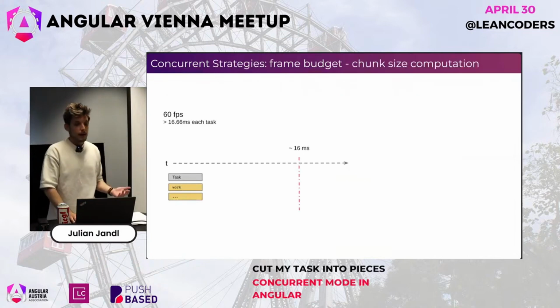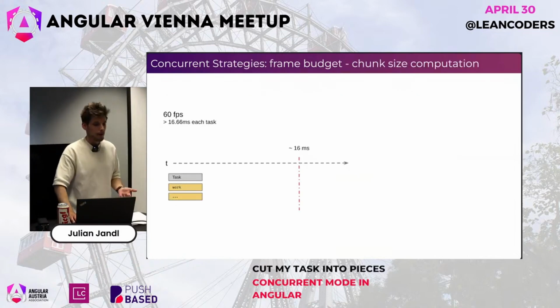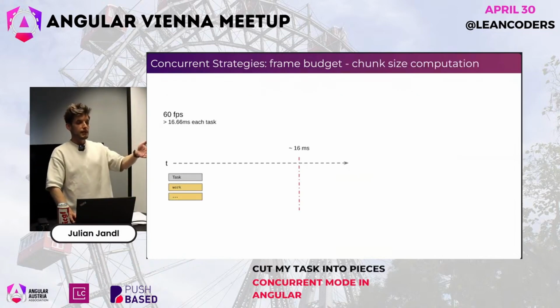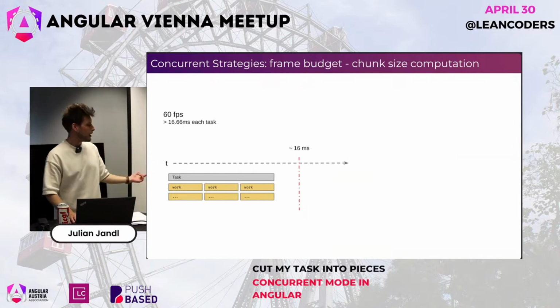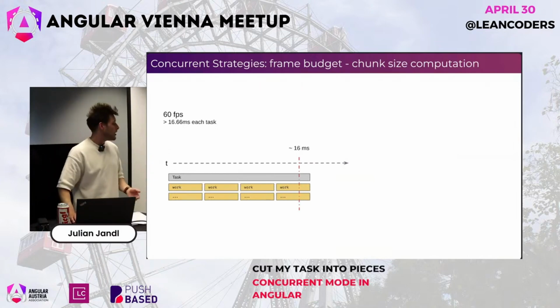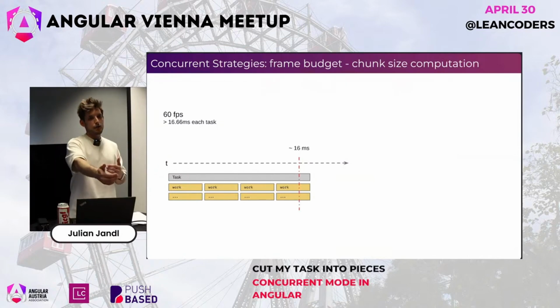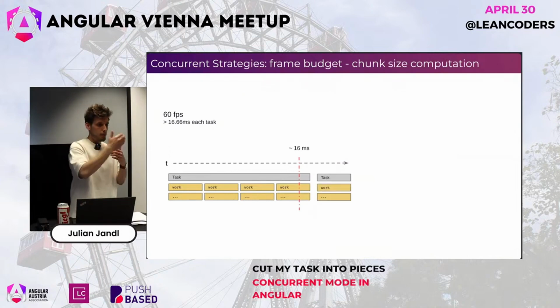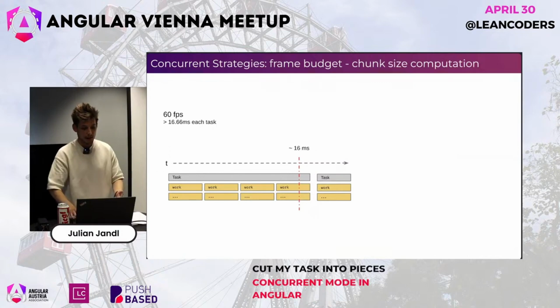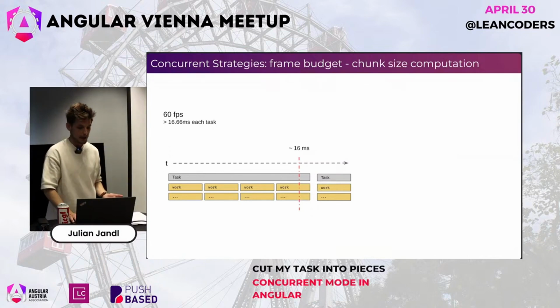How does the algorithm work in the background? It executes one view, measures the time, sees, okay, I still have time left, I didn't hit the threshold. Give me the next view. Give me the next view. And now it notices, okay, I exceeded the threshold, and now I need to spawn a new task. So I pause whatever I was doing, give the browser back time, and then restart the queue with whatever task is left.